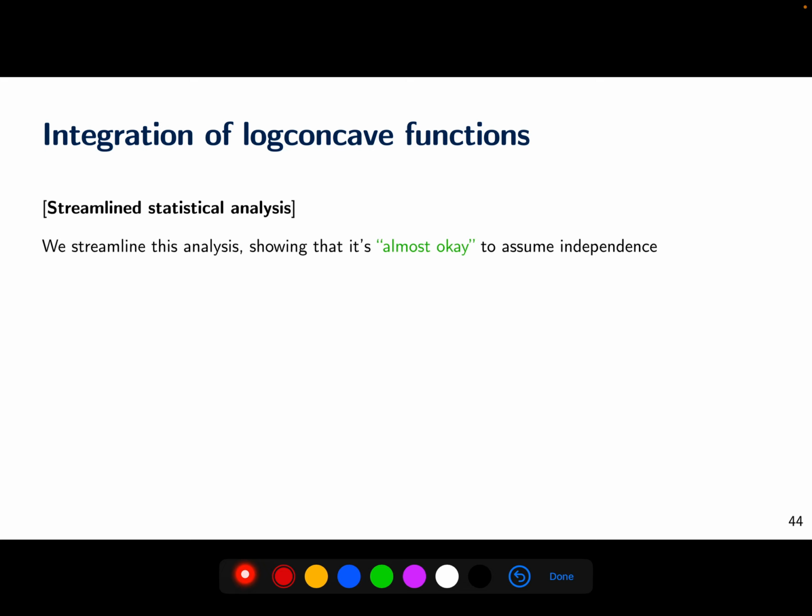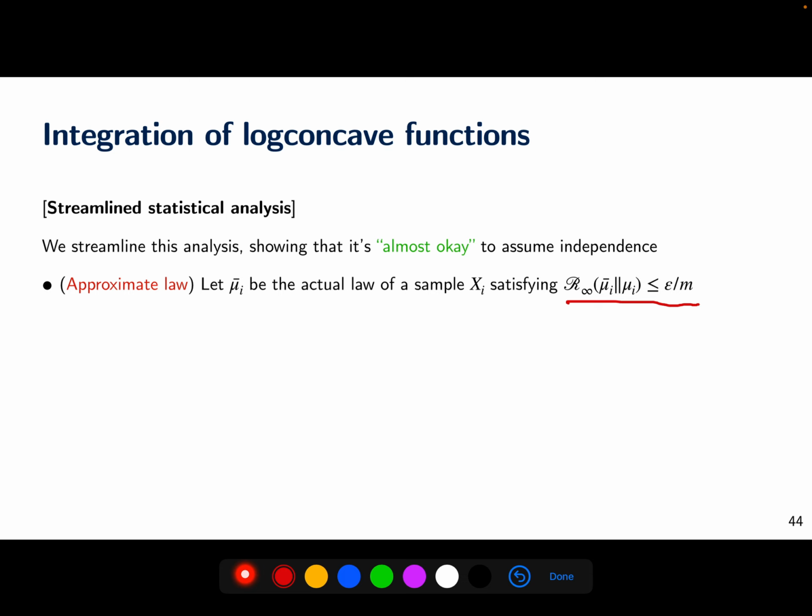So the way we streamline the statistical analysis is to show that assuming independence is not too bad. Actually, it's almost okay. First of all, the approximate law issue can be addressed in a pretty simple way. Say bar mu i is the actual law of xi satisfying this one.